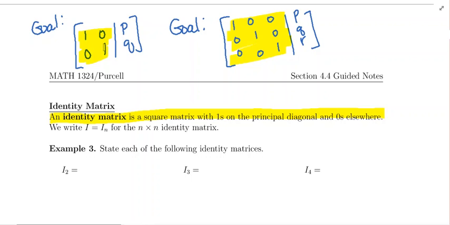A matrix is considered an identity matrix as long as it's square and it has ones on the principal diagonal and zeros everywhere else. So the identity will play a role in the last couple of sections of this chapter, so I just wanted to make sure we're on the same page about what identity matrix means.